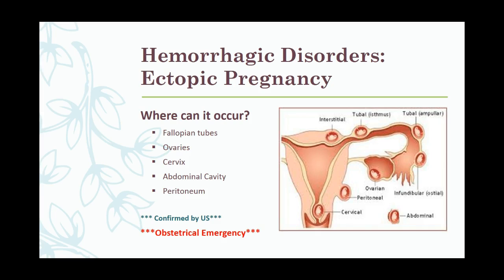Is it an ectopic pregnancy? And if so, is this woman experiencing signs and symptoms of hypovolemic shock? These people have to go to surgery immediately so that they do not become hypovolemic, end up in shock, and die.